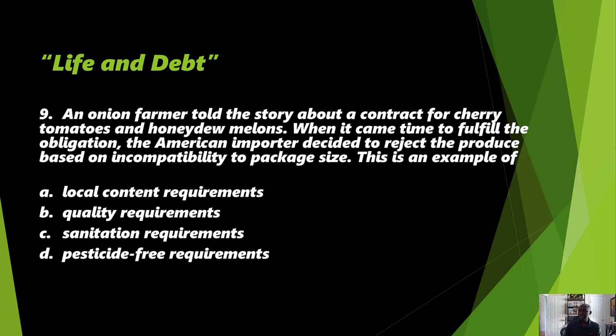The banana farmers in Ghana stated that these fertilizers are prohibitive. They can't afford these types of chemicals, and thereby they are just not as competitive because of these requirements that they have to meet. So that was a similar case here with the onion farmer. Quality requirements prevented him from successfully exporting those produce to the American market.